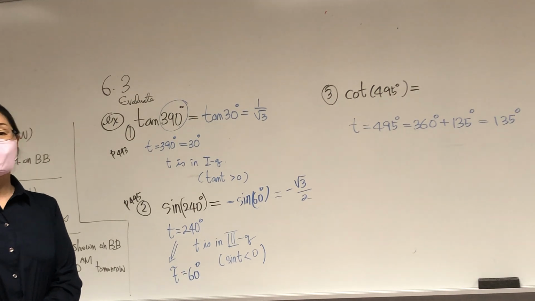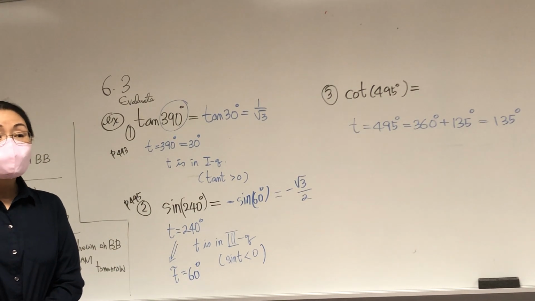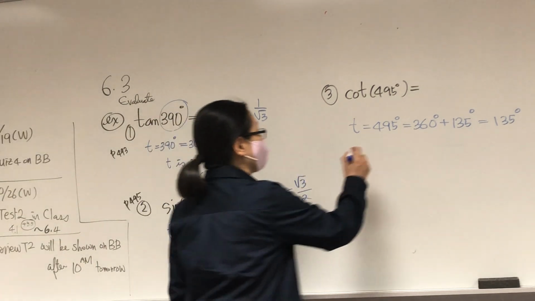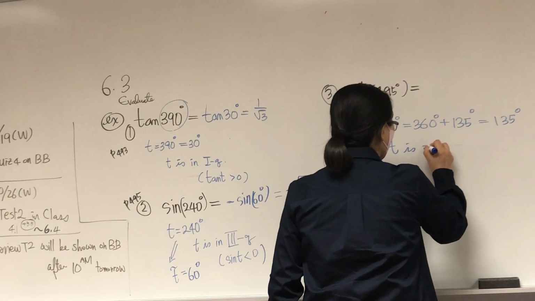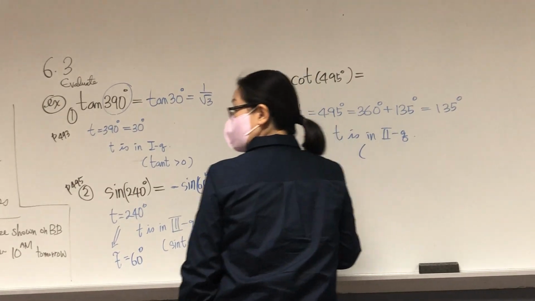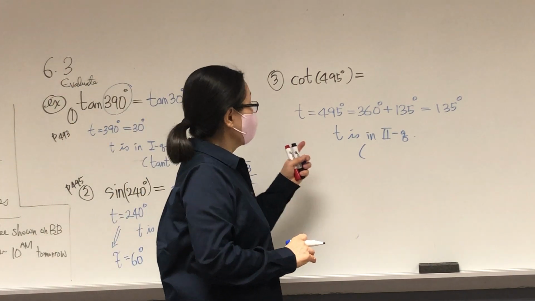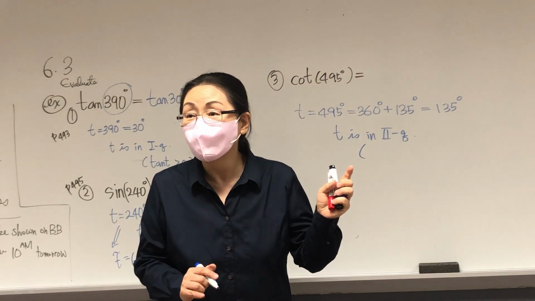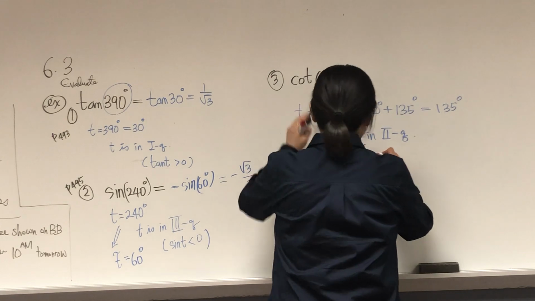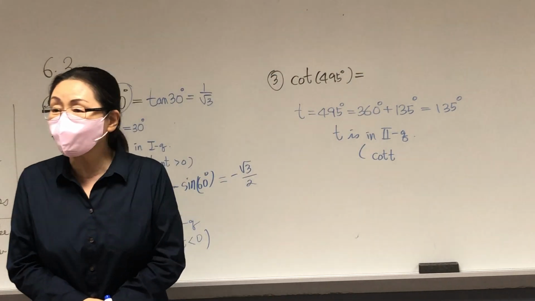After that, what do you want to do? I showed everything already. Very good. t is in the second quadrant. Good job. And then what do you have to ask next? Cotangent t in the second quadrant is what?